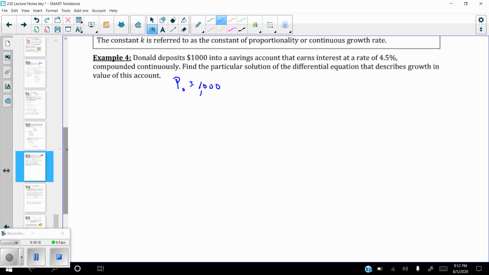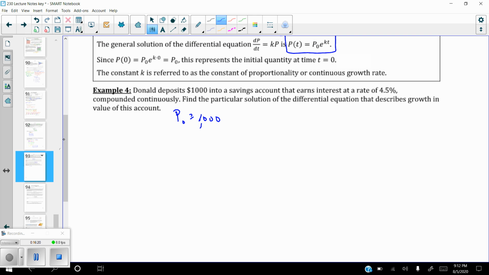Okay, we are given the fact that the k value is 4.5%, but we want to change that so that it's an actual decimal. We have to make the percentage not a percent, so it needs to be 0.045.